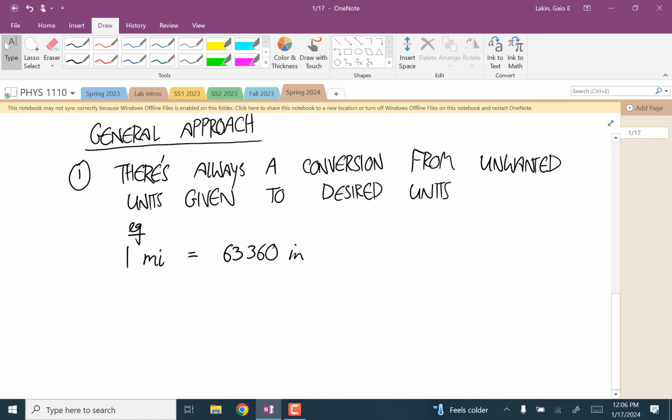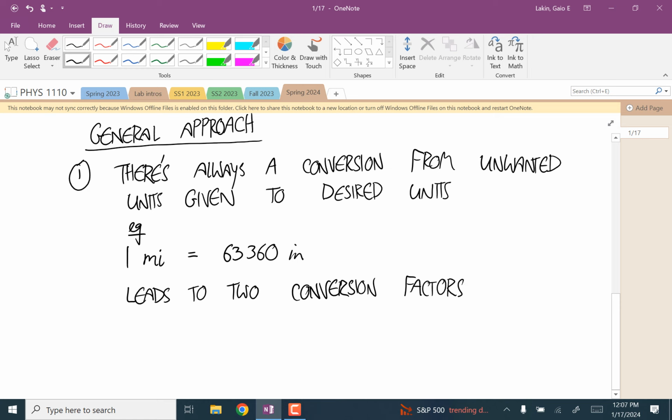And you can represent this as two different conversion factors. So the conversion is the equation. A conversion factor is something you multiply to something. That's what factor means. So this conversion always leads to two conversion factors. And the key thing to notice about the conversion factors is both of them are equal to 1.